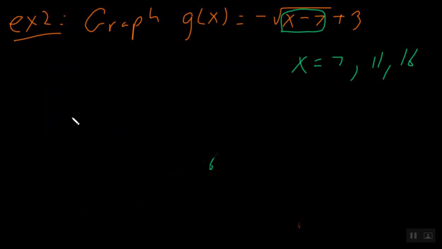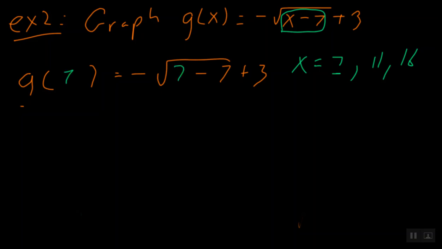Now what do I want to do? I want to take these values and plug them back in so that I can get my outputs. So I have g of x is equal to the negative square root of x minus 7, plus 3. Let's tackle our very first input, which is positive 7. g of 7 is equal to negative square root of 7 minus 7, which is 0, plus 3.